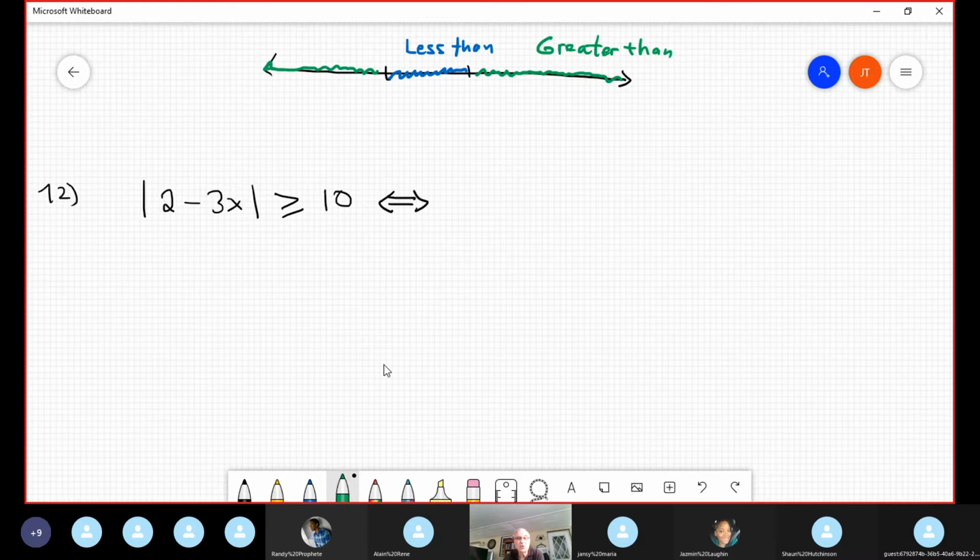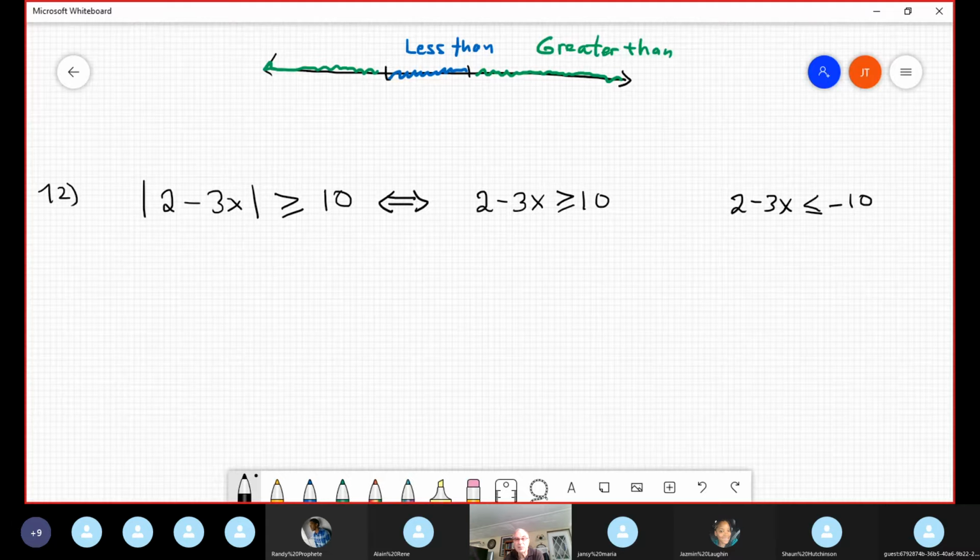That is the reason that to translate this inequality into a compound inequality, you copy the expression inside 2 times, and this is greater than or equal to 10. So I copy exactly the same. The only thing I did in the first part was remove the bar. In the second part, put less than or equal. So I reverse the sign, minus 10.